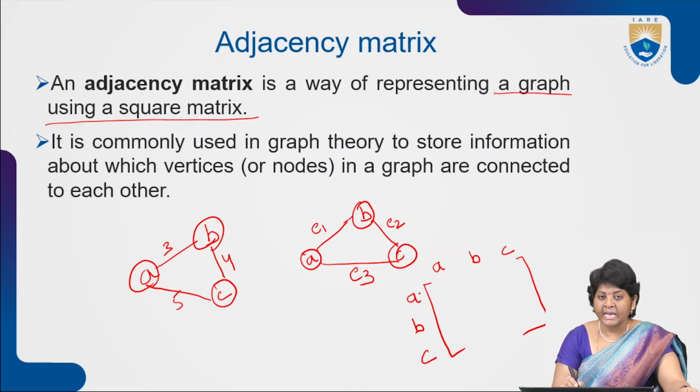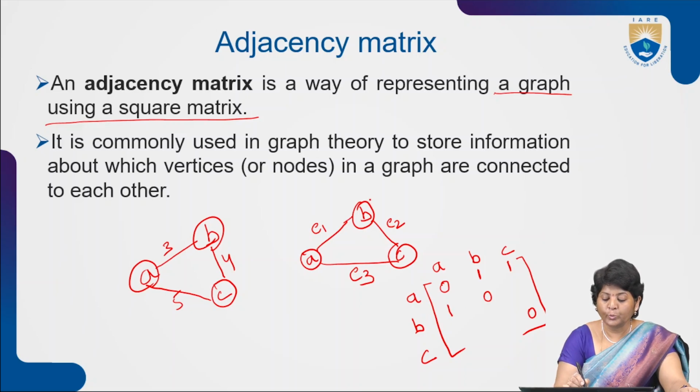Here, if the connection is established, then we will mark it as 1, otherwise 0. For this graph, A to B edge connection is there, so we will mark it as 1. A to C edge connection is there, we will mark it as 1. B to A edge connection is there, we will mark it as 1.